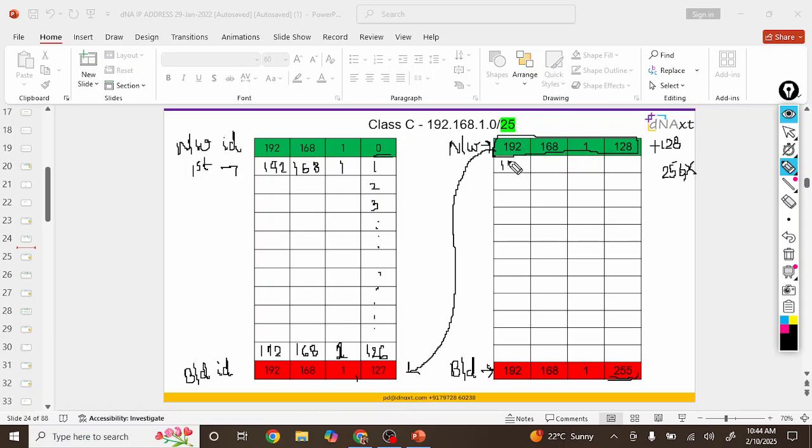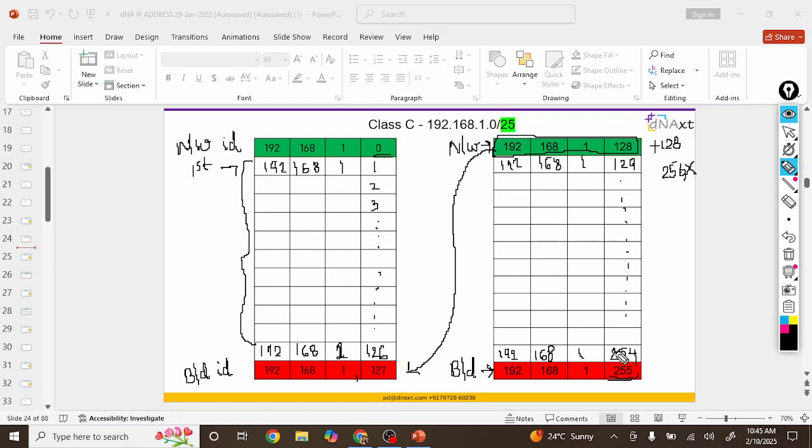It will be 192.168.1.129. Then 1.129, 1.130, 1.131, till the last valid IP address over here, which will be 192.168.1.254.